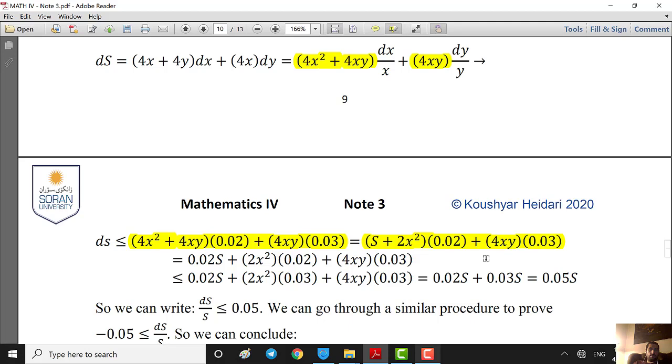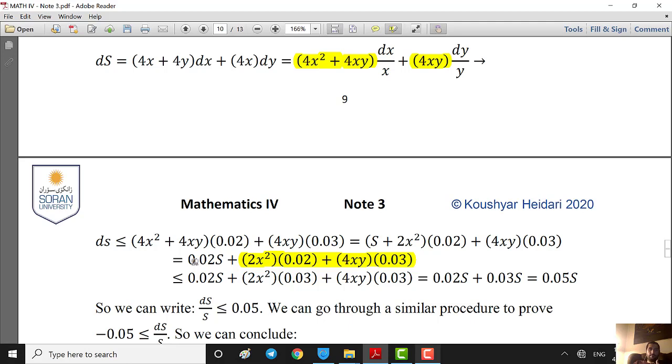And that is equal to 0.02s plus 2x squared times 0.02 plus 4xy times 0.03. Now, some s has appeared here, but we need to make s appear in these two terms also, so that we can factorize s from all of these terms in the right hand side and get a conclusion for ds over s.